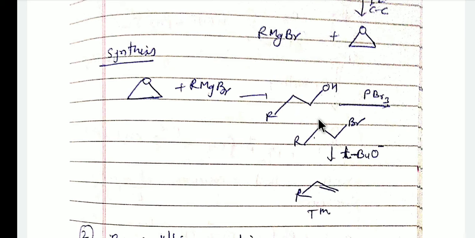HBr is finally removed by the tertiary butoxide base, and we get the alkene of this type, which is our target molecule.